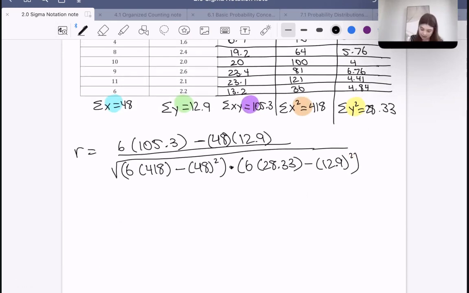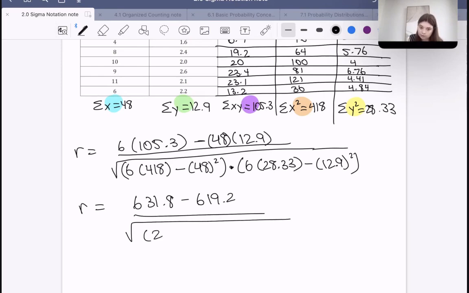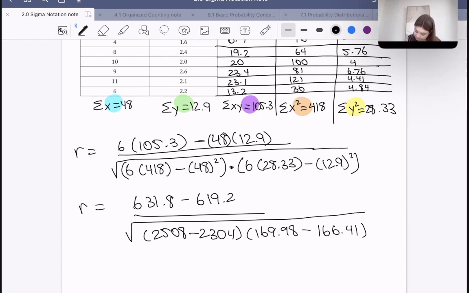We're going to end up with, let's see, 631.8 minus 619.2 over the square root of 2508 minus 2304 times 169.98 minus 166.41. Let's make our lines.